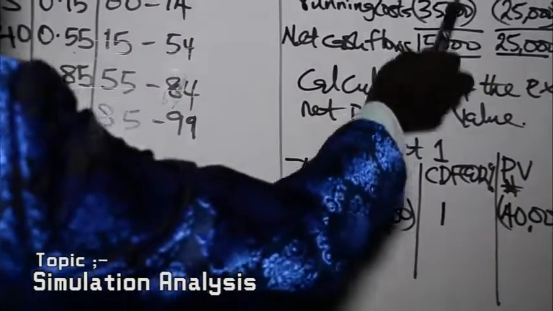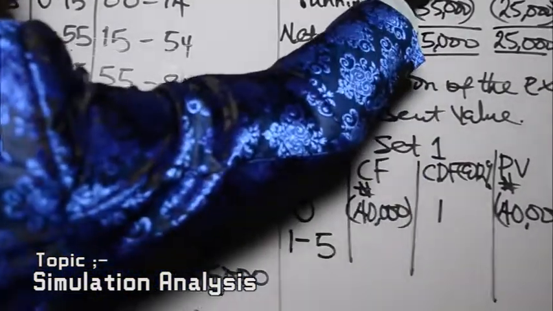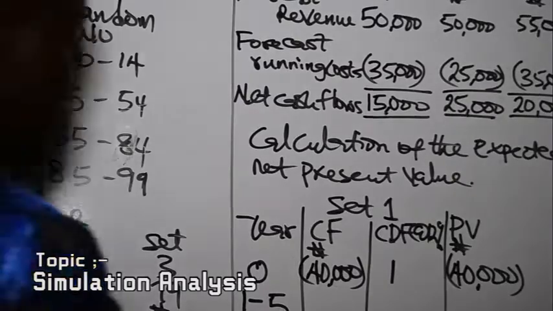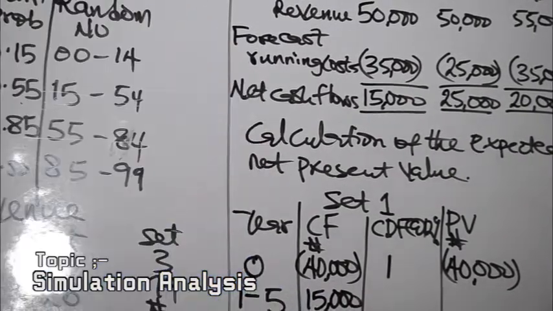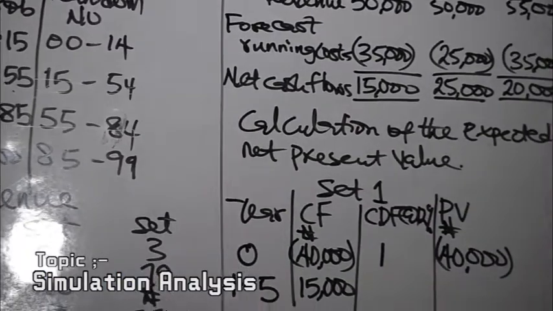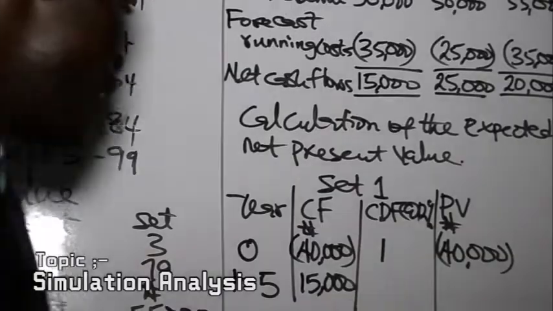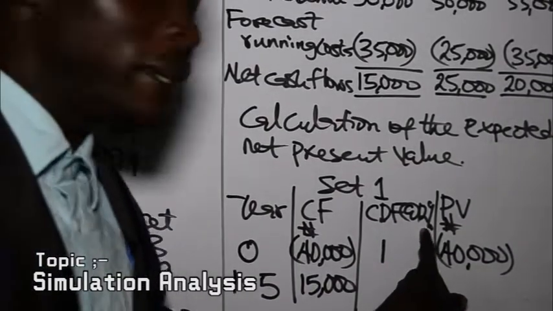For set 1, the net cash flow is 15,000 naira. What is the cumulative discount factor for year 1 to 5 at 12% cost of capital?